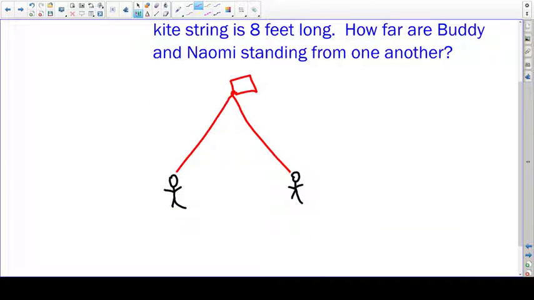So that means that the angle between Buddy's line of sight and the kite string itself, that is what 35 degrees is. Okay.